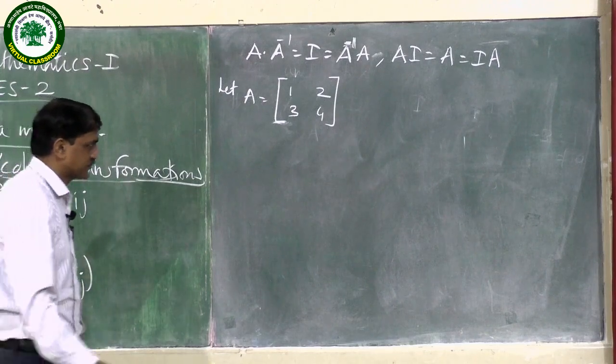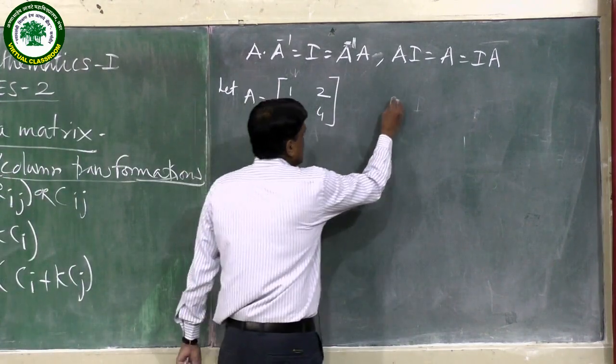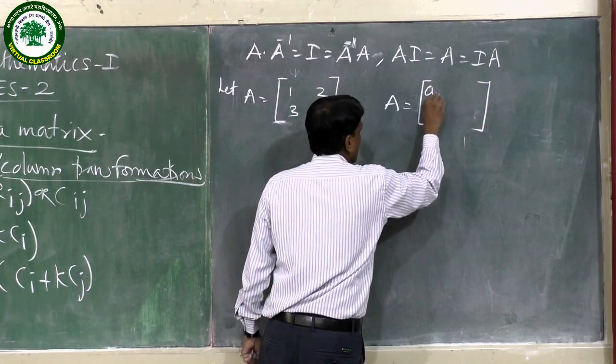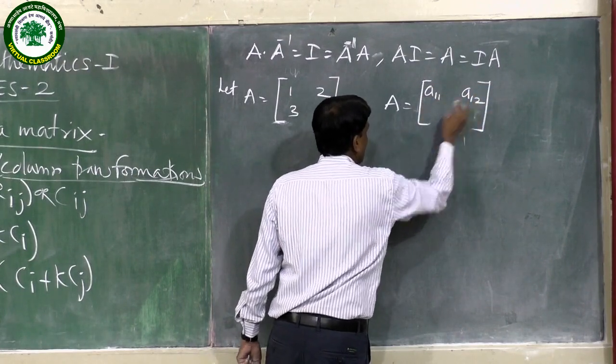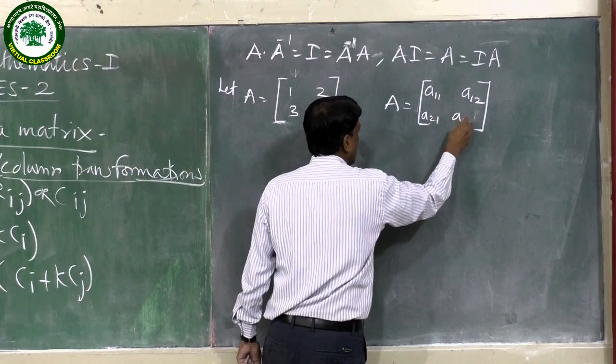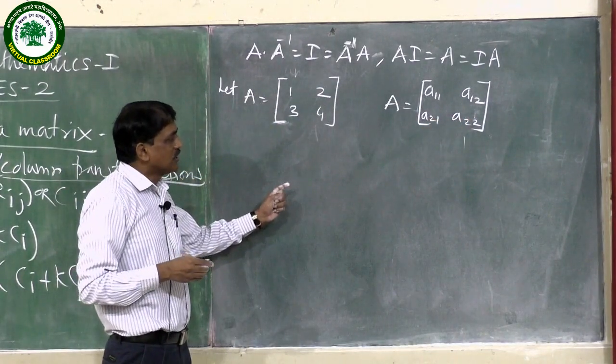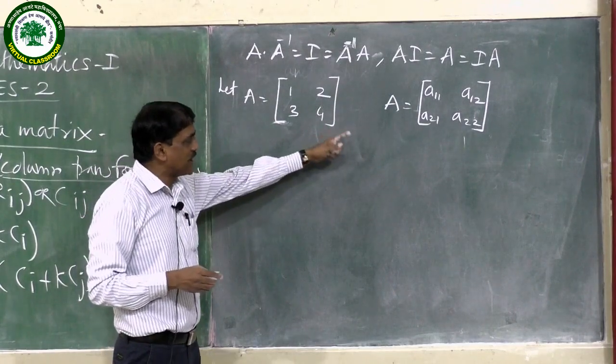Before that, if A is like this, A11, A12, A21, A22, what are the steps of finding the inverse of a matrix like this?